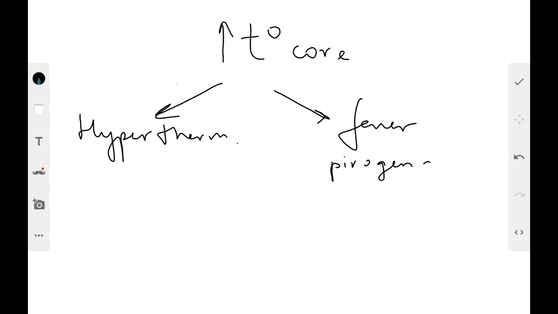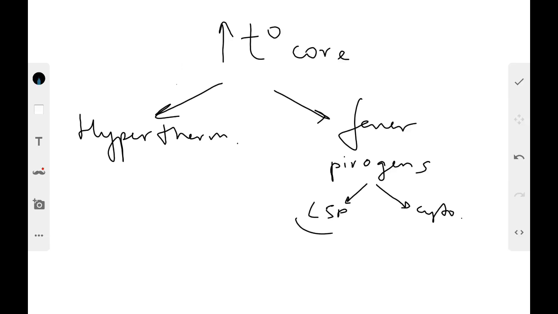Pyrogens are substances that are released partially by the body, for example, cytokines, the agents of the immune system, or they may be exogenous, for example, lipopolysaccharide, agents of the bacteria.